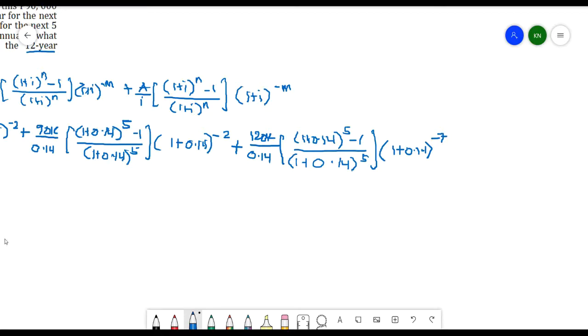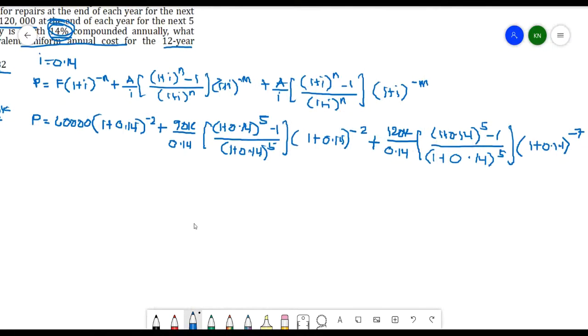So if you try to total this one, P for 60K is equivalent to 46,168.05, plus the 90K, that is 237,747 pesos and 99 centavos, plus we have 164,638 pesos and 47 centavos for the 120K.